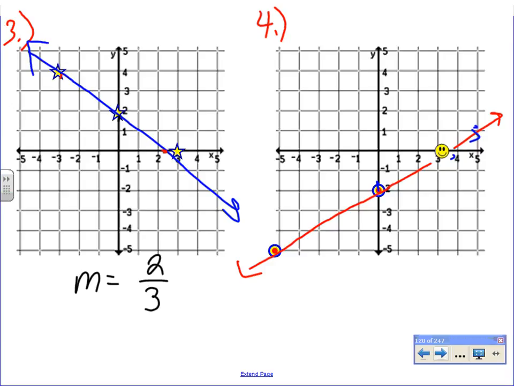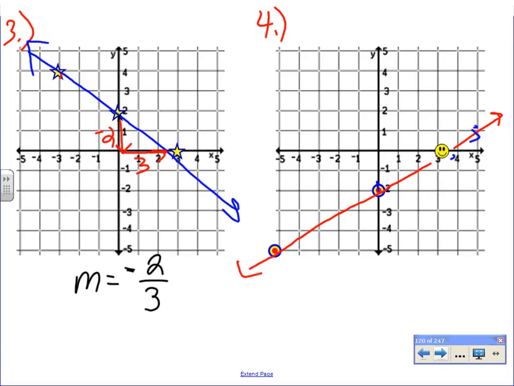Or is it positive or negative? Well, look at this graph. Oh, negative. So it should be a negative 2 over 3. If I chose this point over here, I go down 2, that's negative 2, and to the right 3, that's positive 3, or negative 2 over 3. So always make sure what the graph looks like matches your slope. This is a negative graph, your slope should be negative.